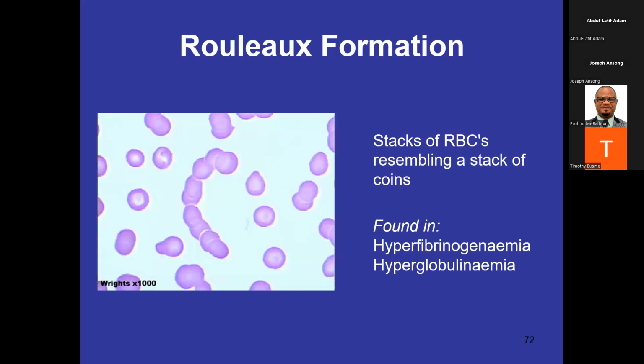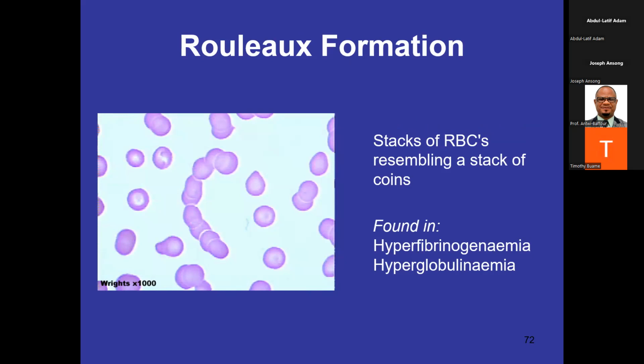In rouleaux formation, cells are stacked back to back together. When there is too much fibrinogen or globulin in the blood, we tend to make the cells stickier.